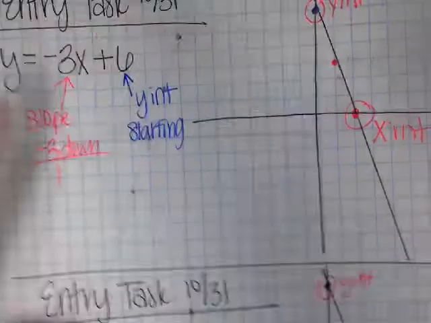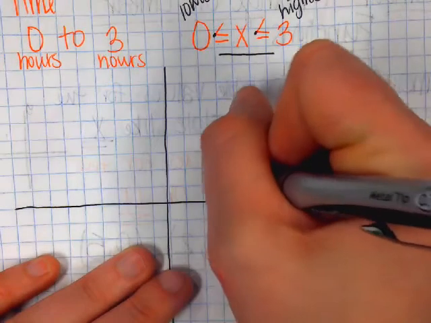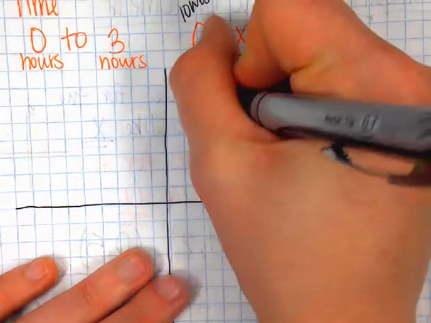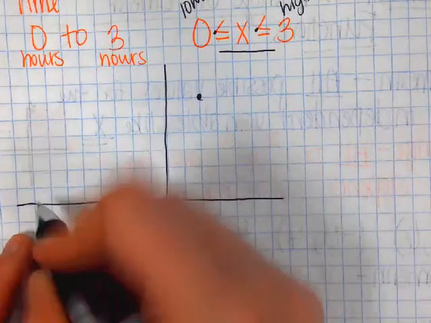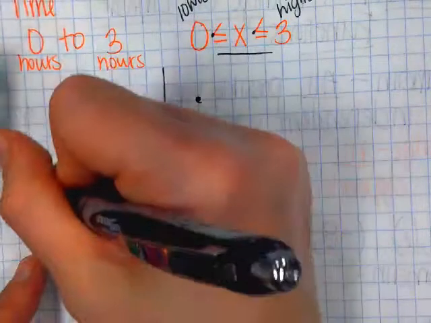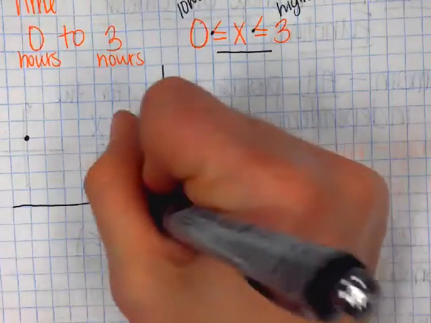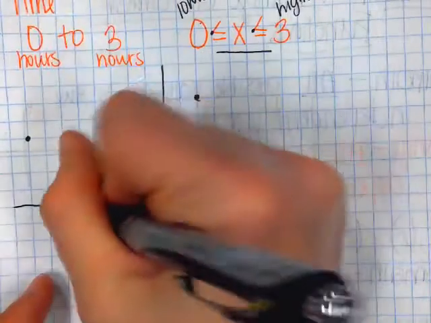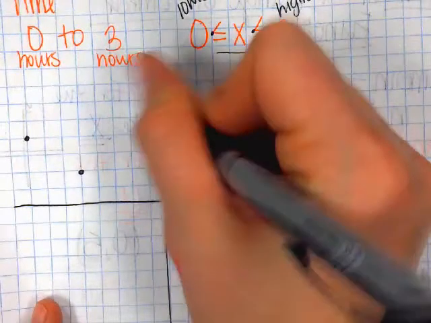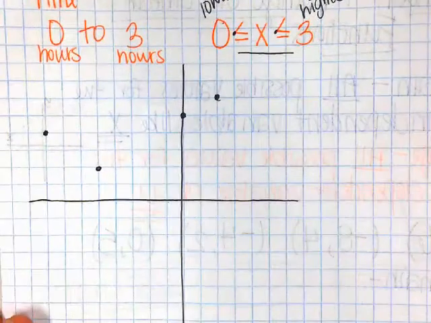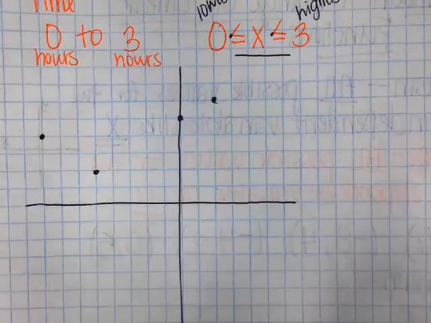Now, you will also see graphs when talking about domain and range, and I promise I'm almost done. So when talking about domain and range, I'm going to plot those points that we just had: 2, 6; negative 8, 1; 4, 1; negative 4, 1; and positive 2, 0.